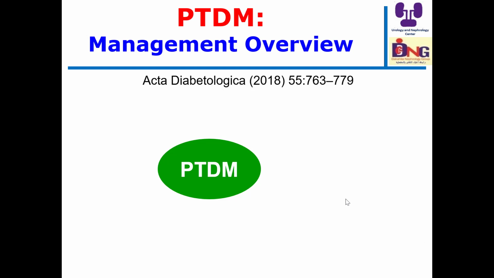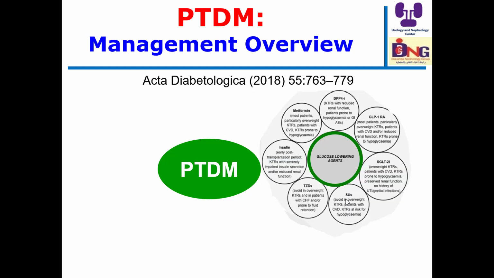If we want to successfully treat post-transplant diabetes, or diabetes in general, we should follow a multifactorial and holistic approach. Holistic means treating everything. Treatment of diabetes is not restricted only to hyperglycemia.